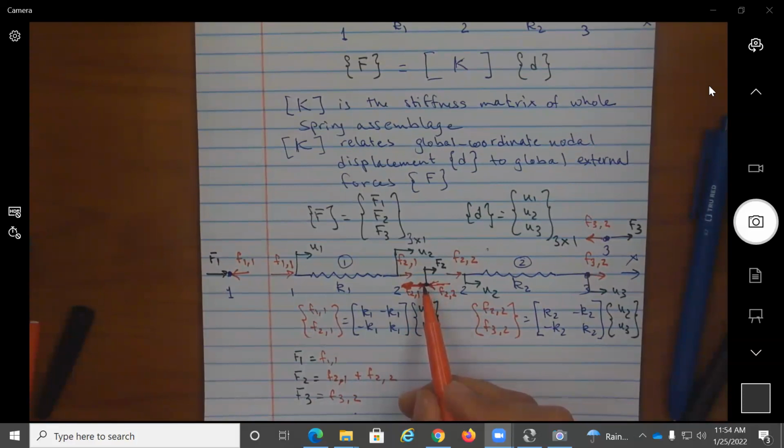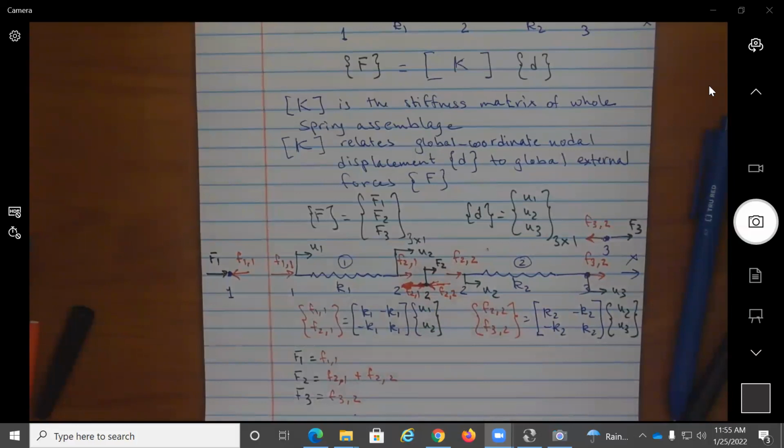At the node, I'm showing the external force, and at the same time, the element nodal forces are acting on the nodes in the opposite direction. So you can say F21, F22 is countering F2. Correct. But in order for the node to be in equilibrium, the 2 red combined has to be equal to the black.